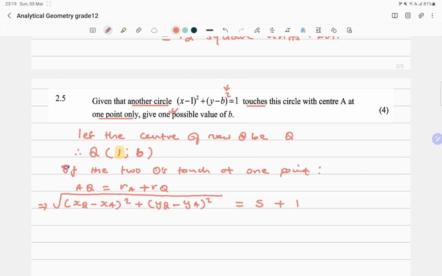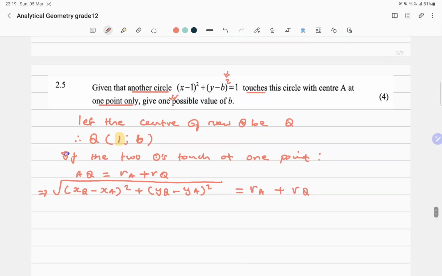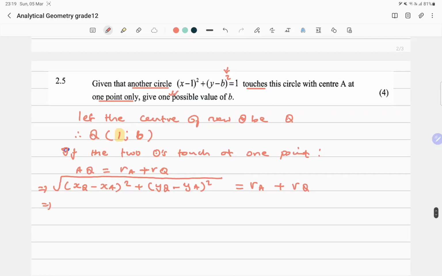So this is RA plus RQ. Now we substitute. x_Q is 1, minus x_A is 1.